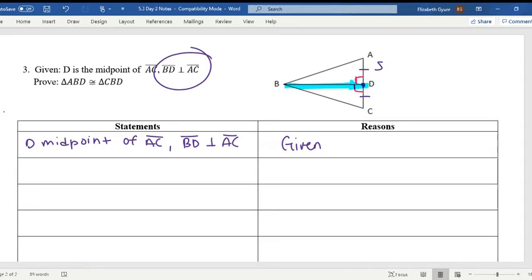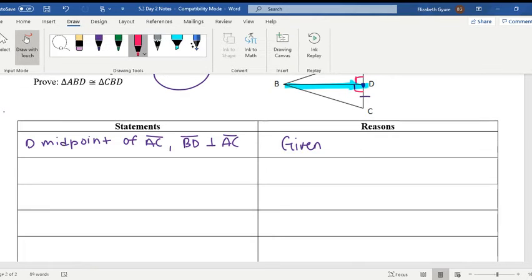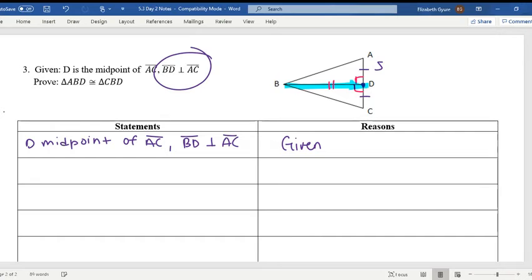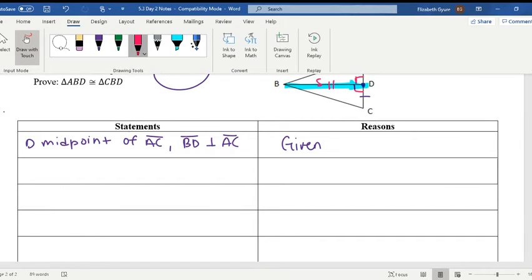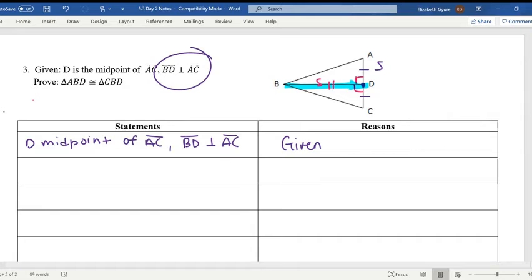That's a shared side. So we can say that that is congruent to itself. So there's another set of sides. So if you take a look, we had our right angles as well. So we have two sets of sides and a set of angles. Which theorem are we going to be able to use here?